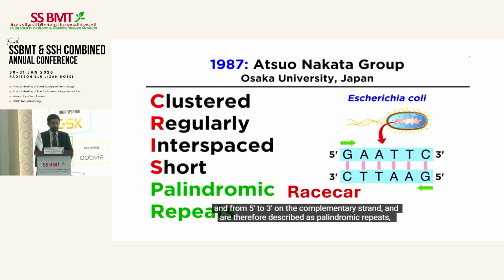You can read "race car" from left to right and right to left. So these are repeats inside Escherichia coli that help it detect retroviruses when they enter it. It's part of the immune system of bacteria, and it helps bacteria fight viruses.